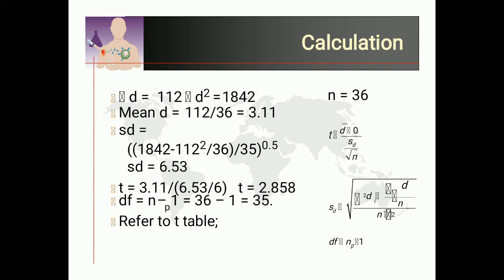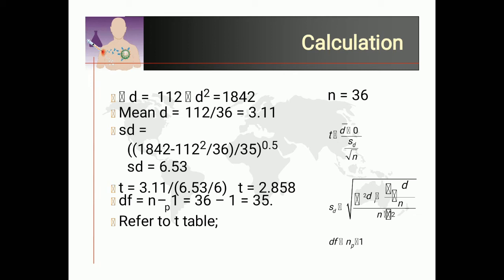D bar equals 3.11, so 3.11 minus 0 over SD, which is 6.53, and root n. Root 36 is 6.